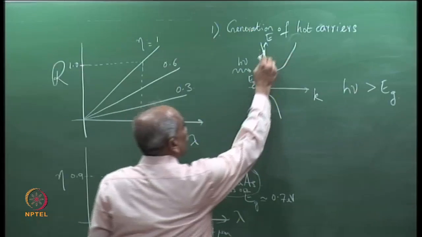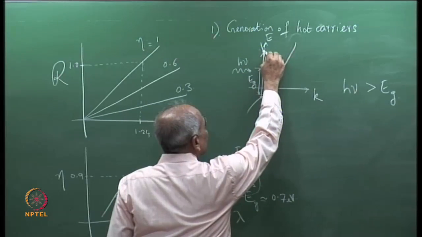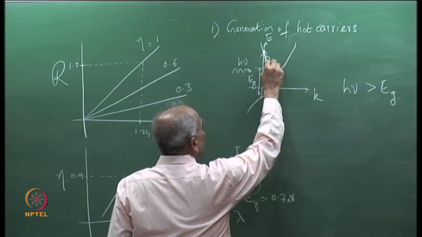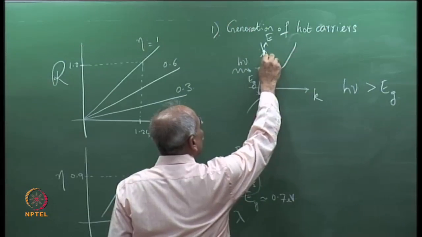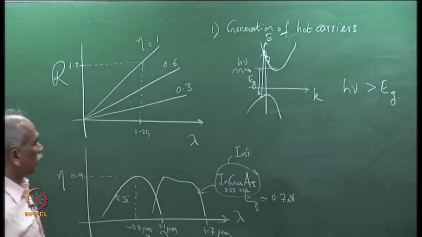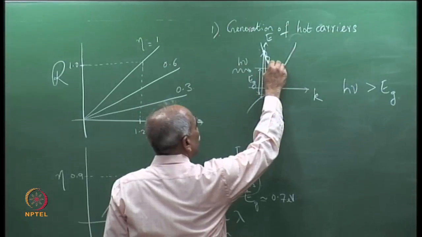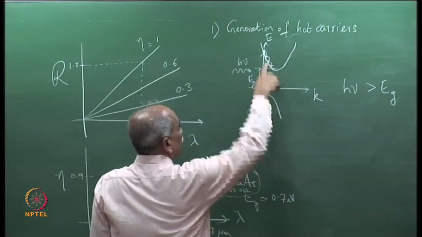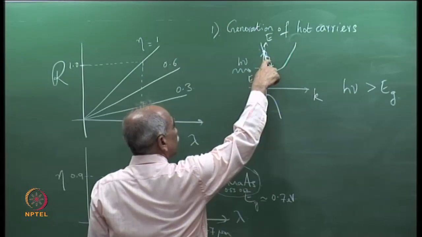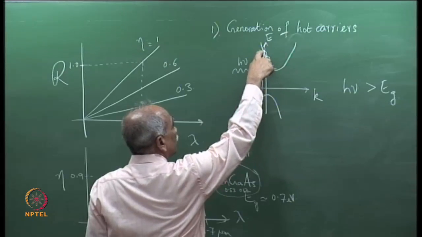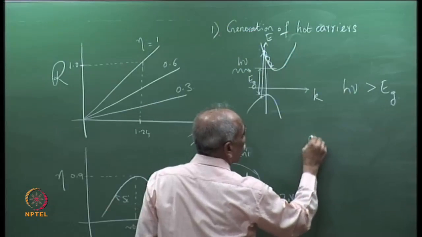This carrier generated starts coming down by thermalization, the process called thermalization. We have discussed this earlier, and it comes down to the bottom of the band. In the process of thermalization, it gives off the difference in energy as phonons.